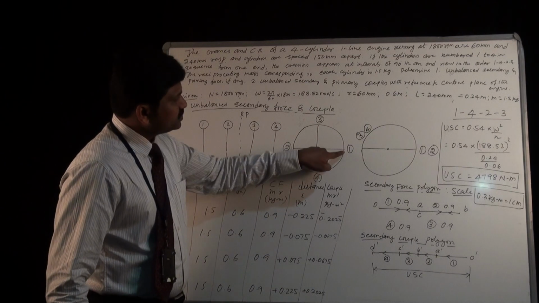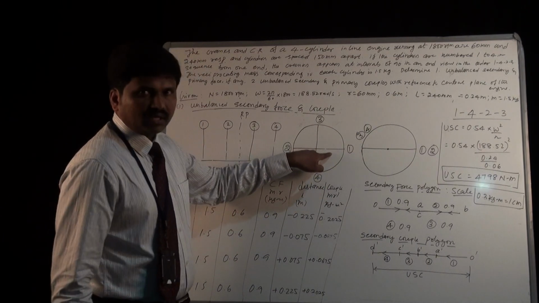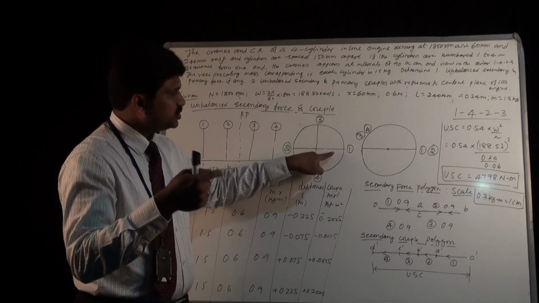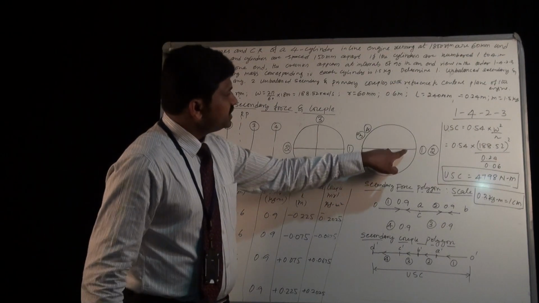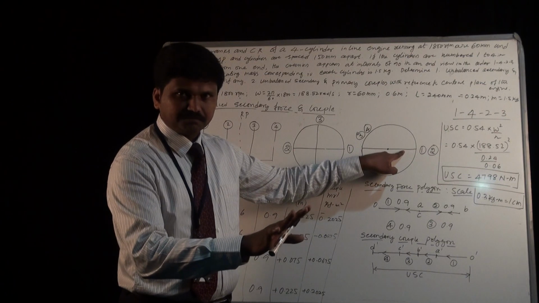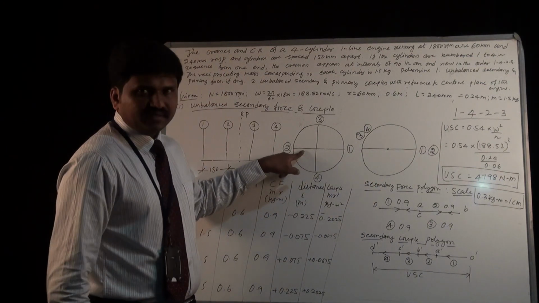Earlier, the angular position of the crank 1 with respect to horizontal is 0, then multiply it with 2, that is 0 into 2 is 0 only. That means the crank of the cylinder 1 will come to the same position, 0. Next is second cylinder.